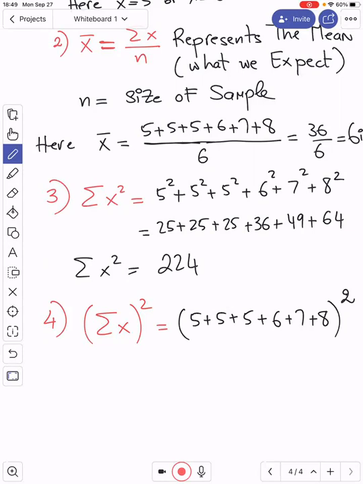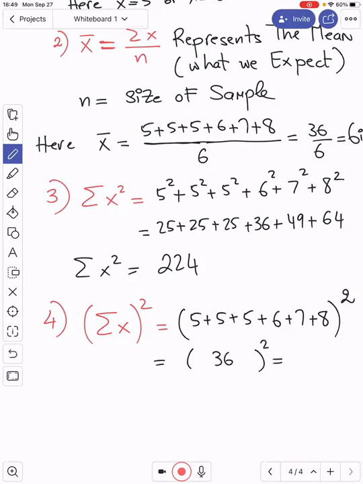So parentheses first, then the exponent. In this case, between parentheses we have 5 plus 5, 10, 15, 21, 28, plus 8, that's 36.